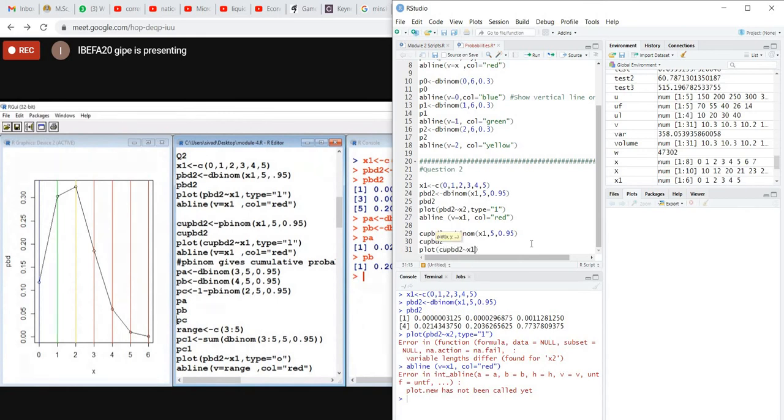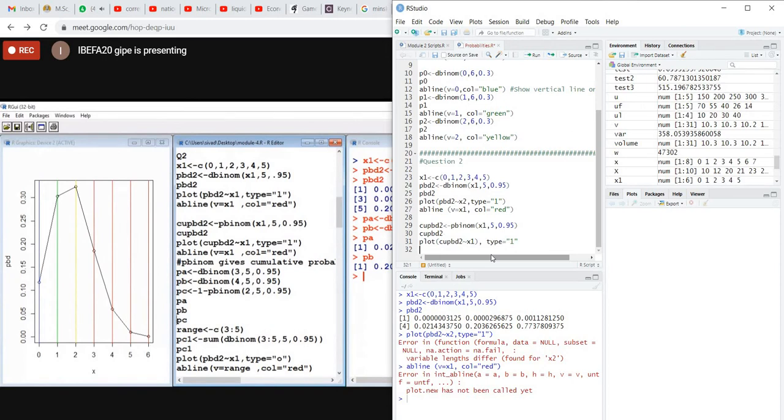So whenever you have a cumulative probability, you use pbinom, not dbinom. And pbinom will give you the cumulative probability from the minimum to the cutoff point.